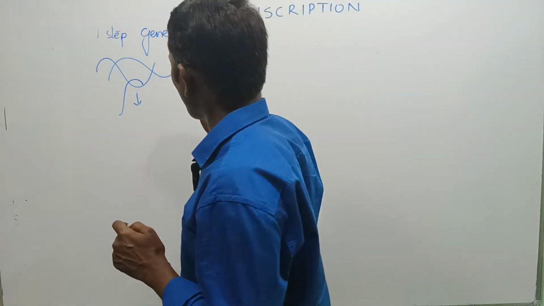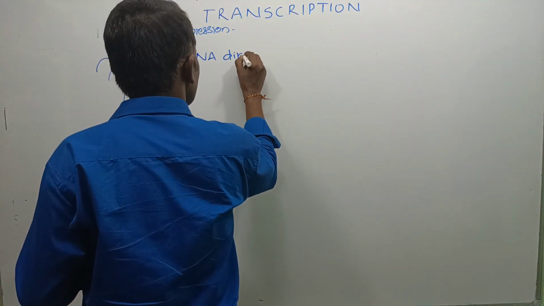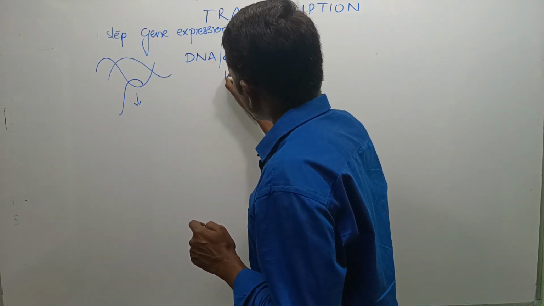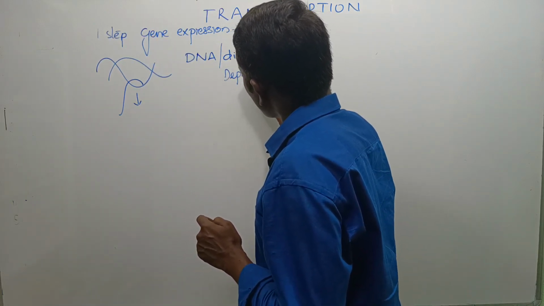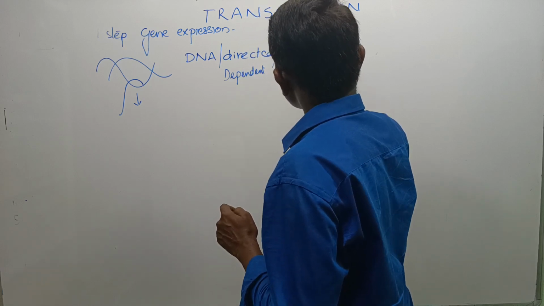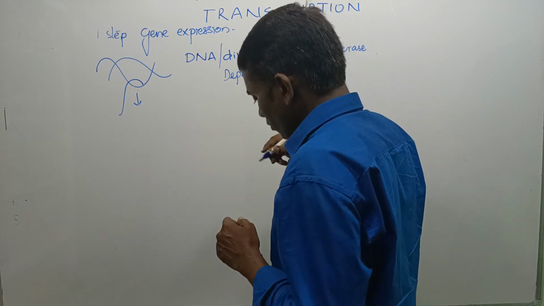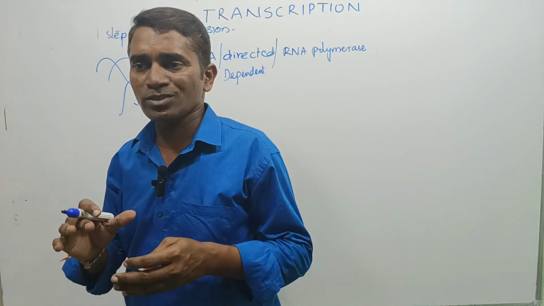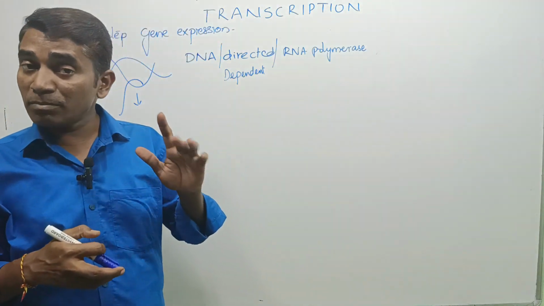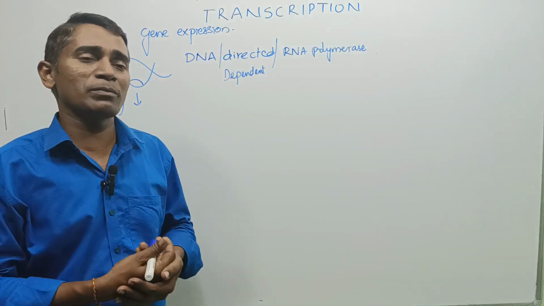Therefore, this can also be called DNA directed RNA polymerase or DNA dependent RNA polymerase, as this requires DNA in the form of a template. Whereas DNA polymerase is said to be DNA dependent DNA polymerase, or DNA polymerase simply.